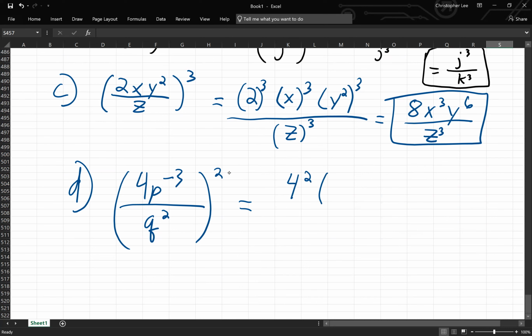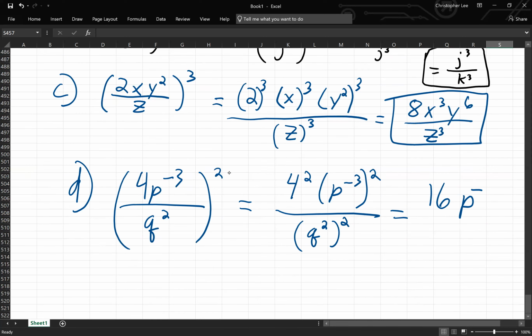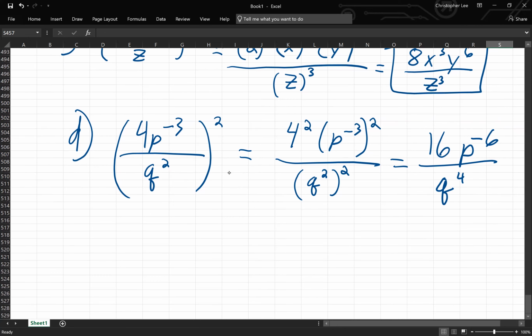Squared, squared. So 4 to the 2nd is 16. P to the negative 6, very good. And q to the 4. And remember, it's illegal for me to have negative exponents, so what happens to that p? We're going to flip it, so I'm going to have 16 over q to the 4.